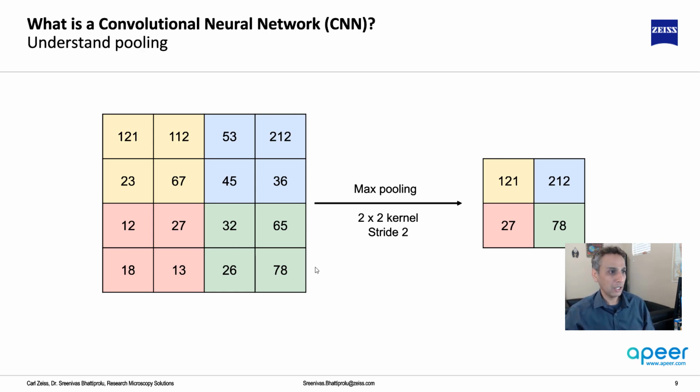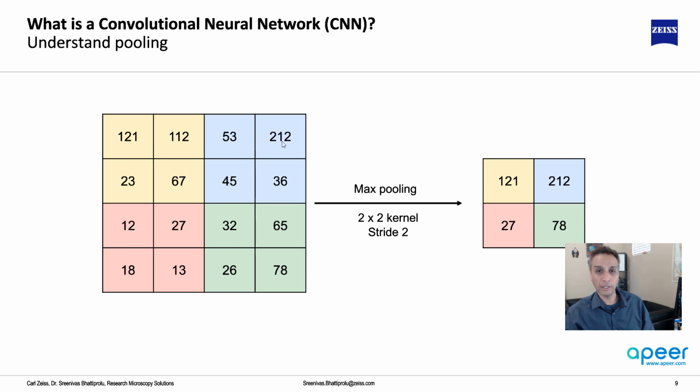What is pooling? Let's again look at my pixel values. And now I have a 2x2 kernel, right? A 2x2 kernel right here. I apply that right here. Max pooling is basically, hey, look at this 2x2 window and tell me what the maximum value is. In this case, the maximum value is 121. So just put 121 there. And by the way, in this example, stride is 2, which means I'm moving from here by 2 spots.